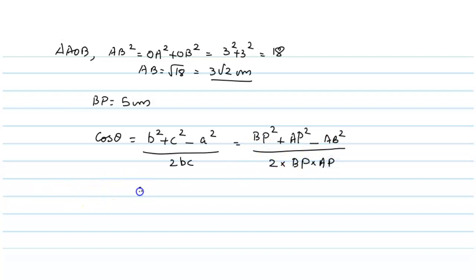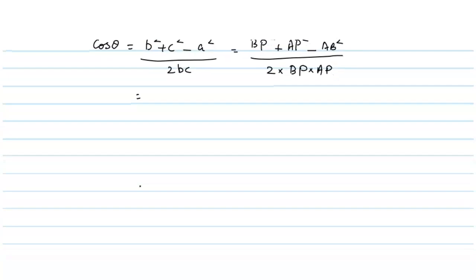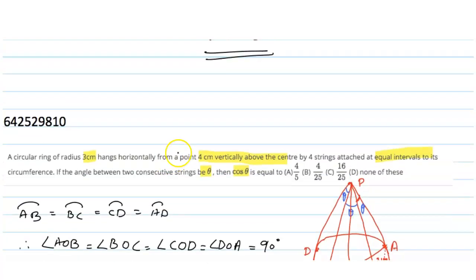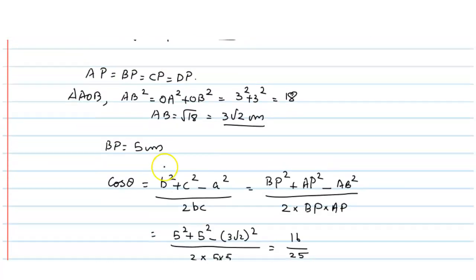So applying the values, we have 5 square plus 5 square minus 3 root 2 square divided by 2 into 5 into 5, which is equal to 16 by 25. So the answer is 16 by 25. Which option is correct? Option C. Option C is correct.